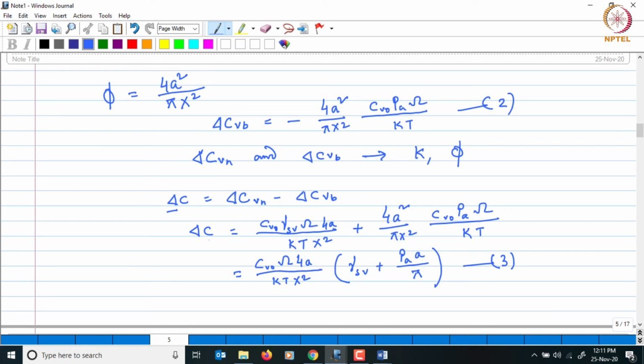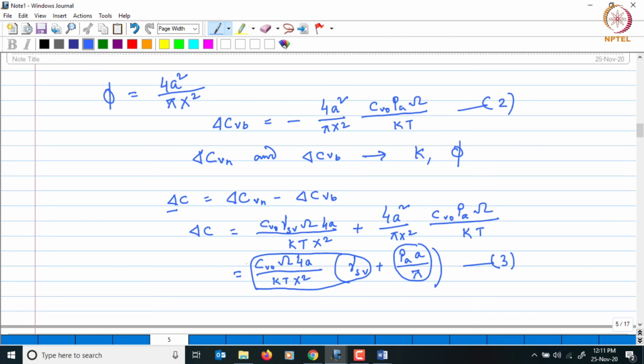So from here you can see this additional term which has come above and over the normal sintering equation, which contains only this part, right?